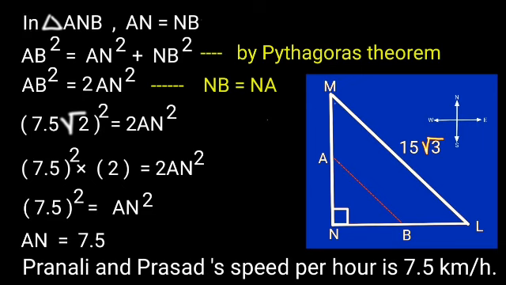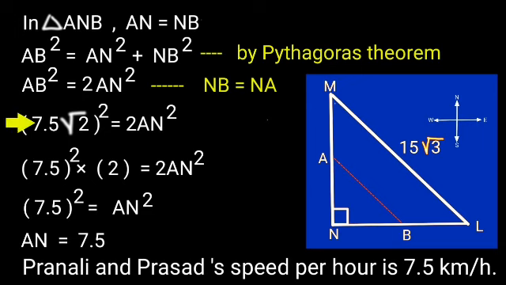By Pythagoras theorem, AB square is equal to AN square plus NB square. Hence, substituting NB as NA, AB square is equal to twice AN square.